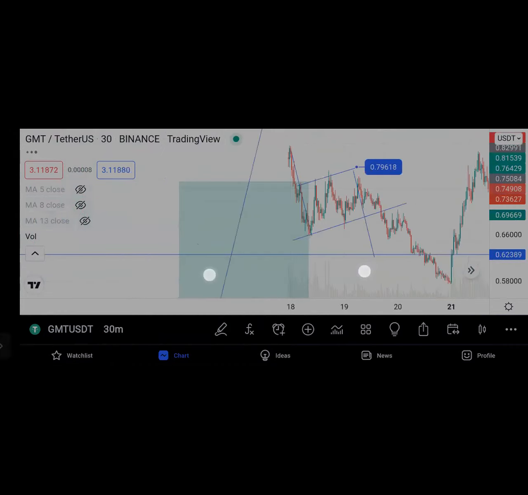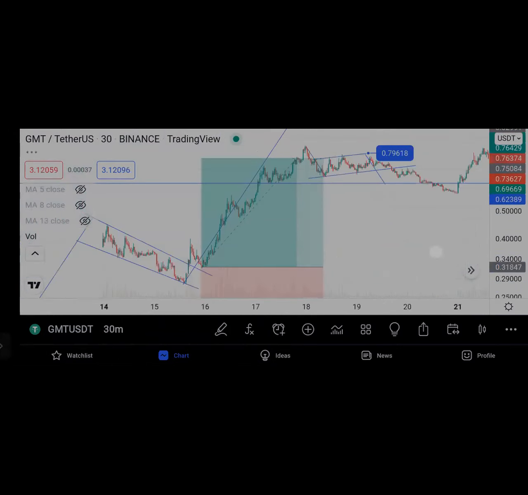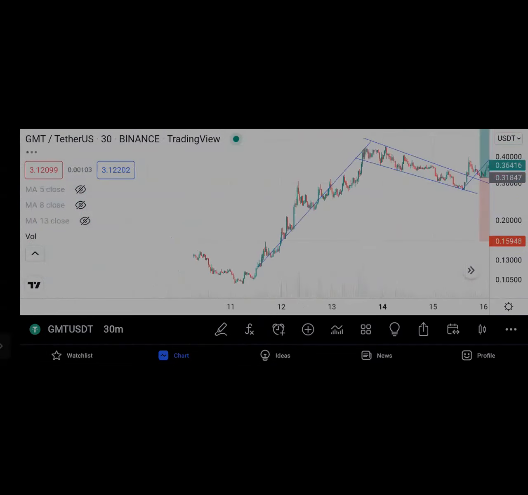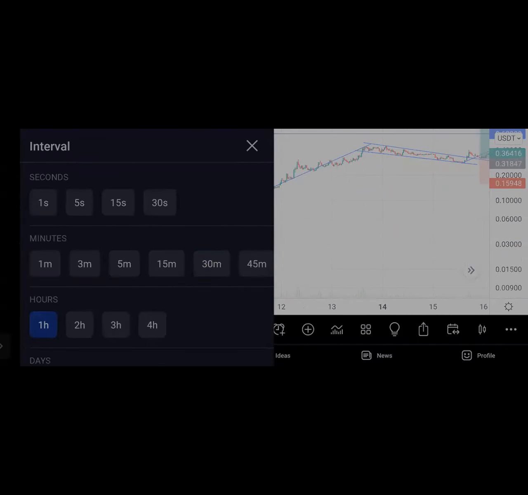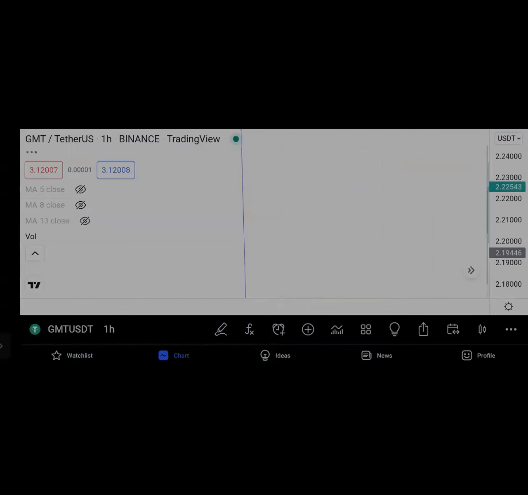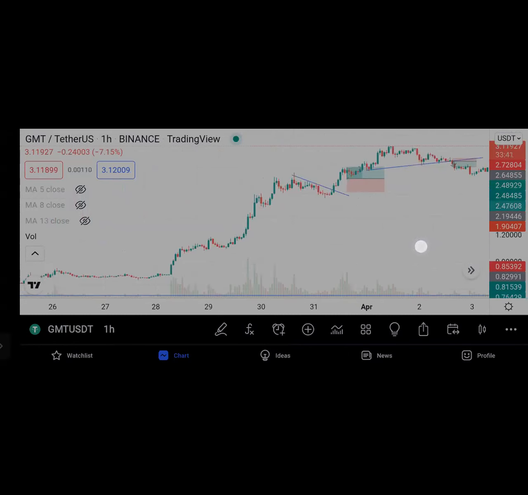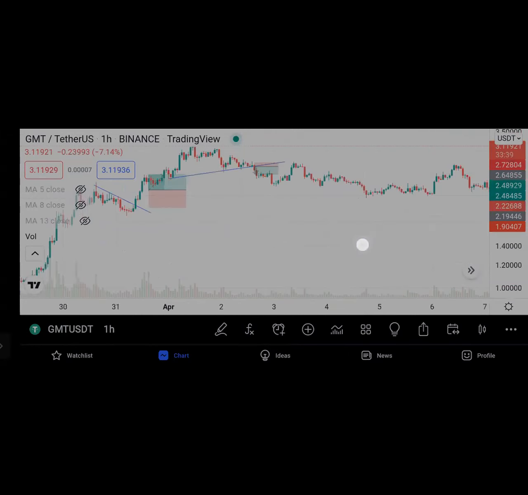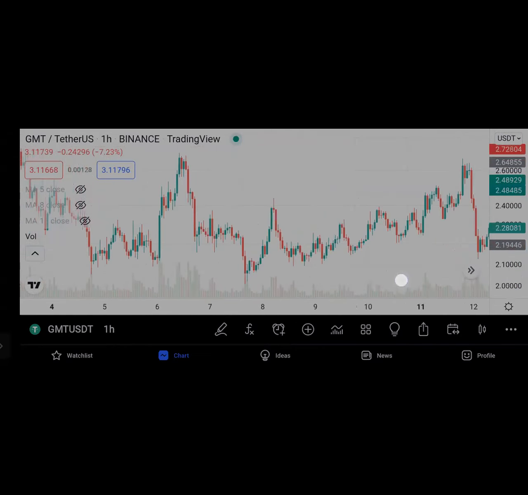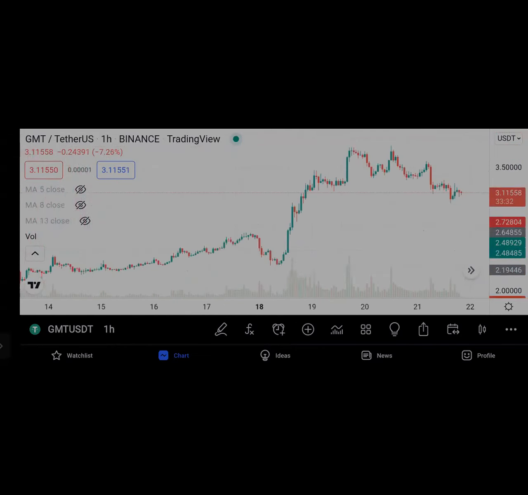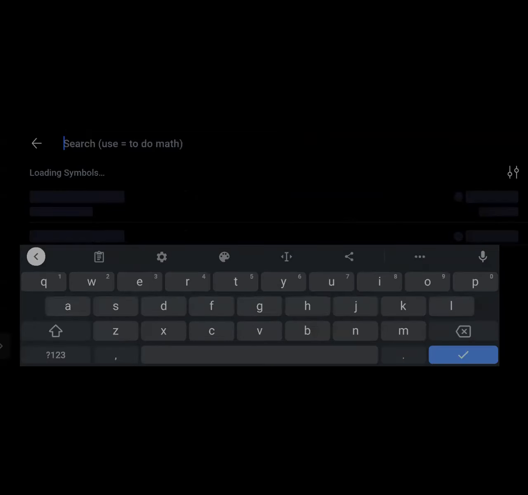Let's see if I can see a double bottom. All right. Okay, this one is a triple bottom. Let's look for another chart.